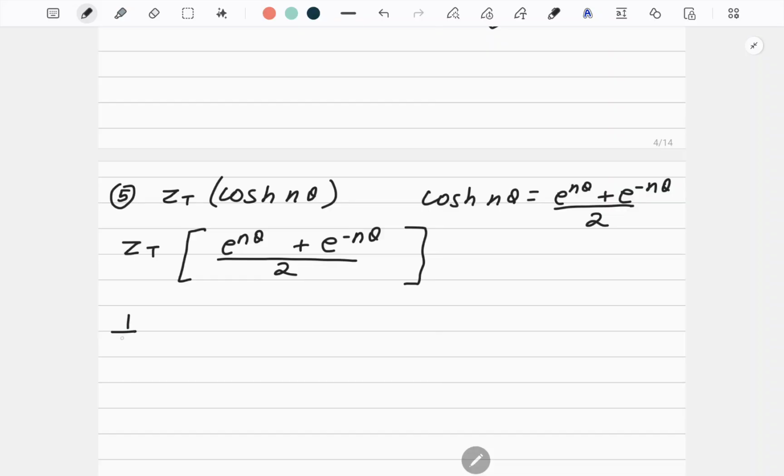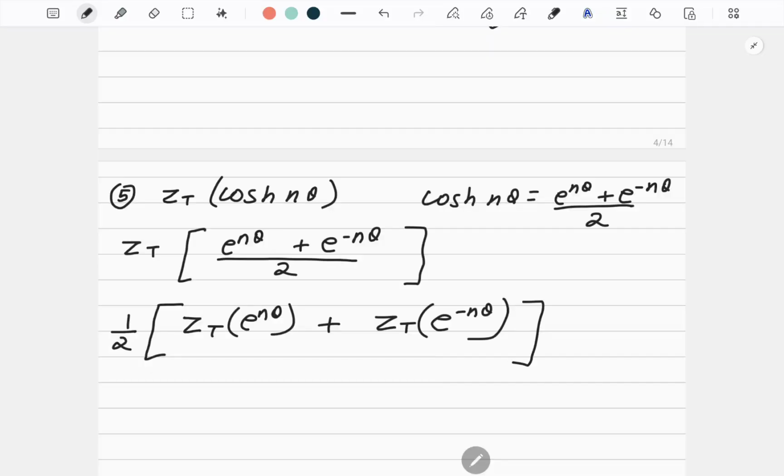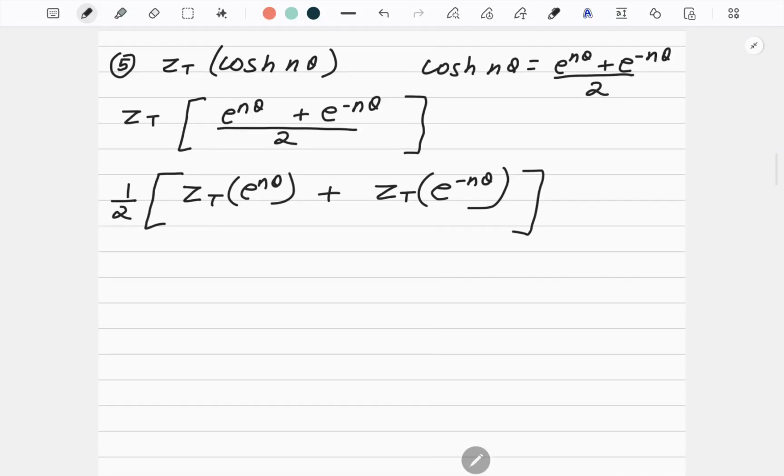Right? Now I'll take 1 by 2 out and I am left with z transform of e to the power n theta plus z transform of e to the power minus n theta. And in my previous question, I solved these two separately. Again, I'll show you. Now tell me, can I write it like this?